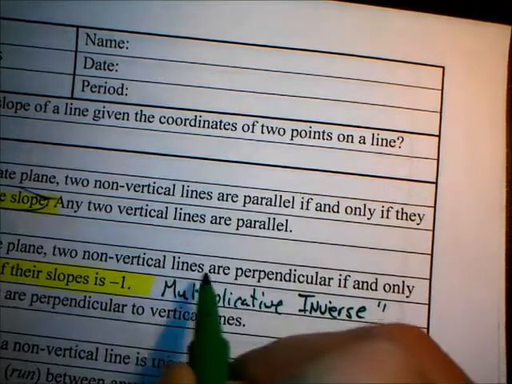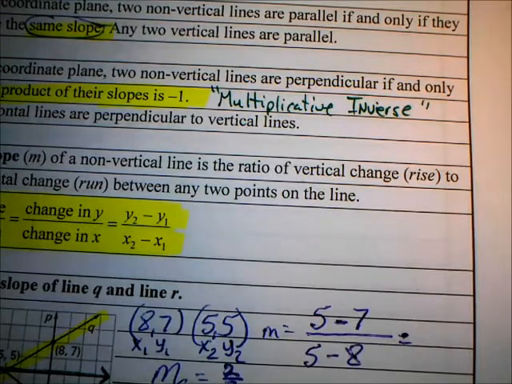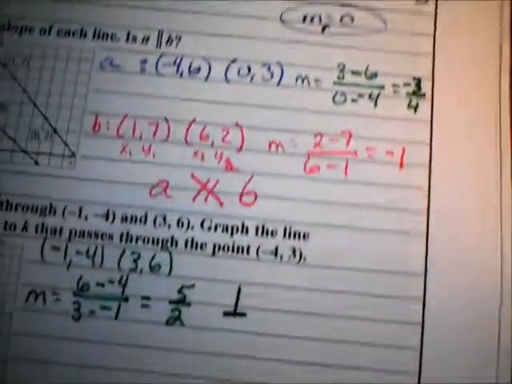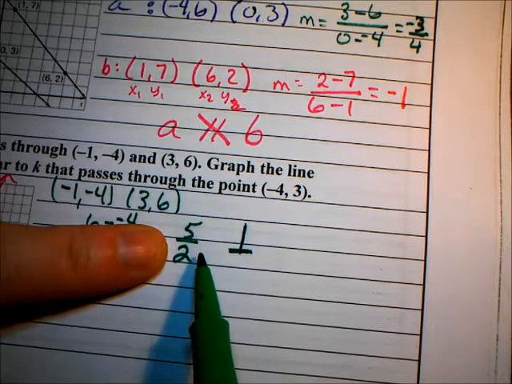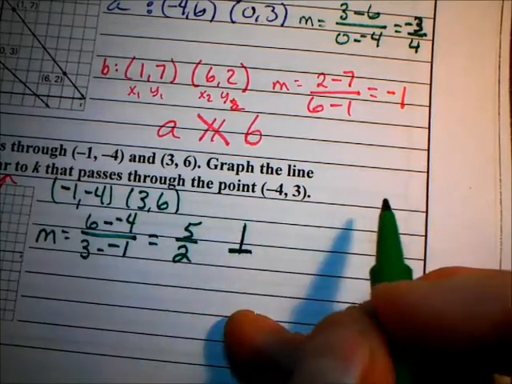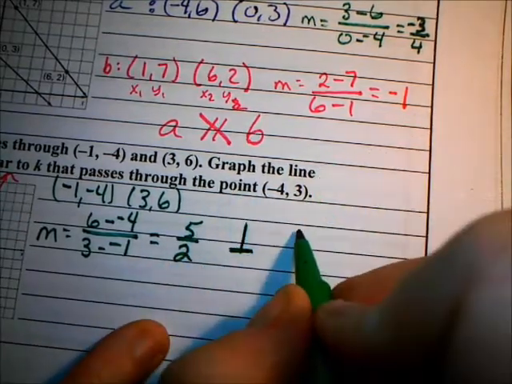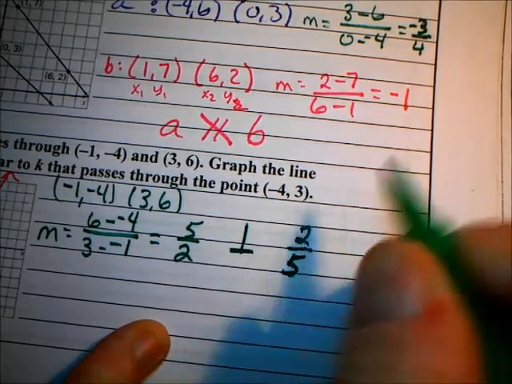In other words, I want to be able to multiply 5 halves by the multiplicative inverse to get a negative 1 as the answer. Well, the only way to do that is to flip this over, so that'll be 2 over 5. That's the inverse.